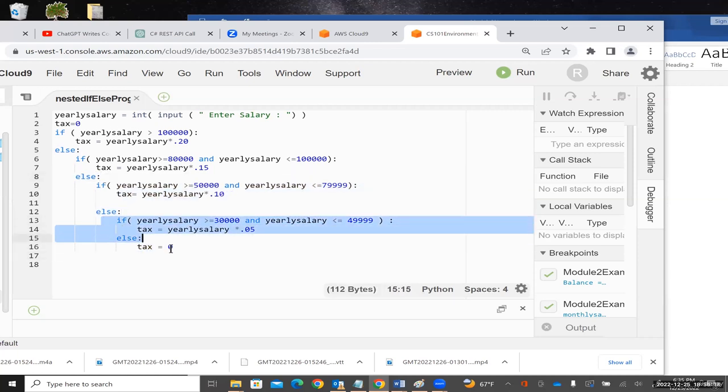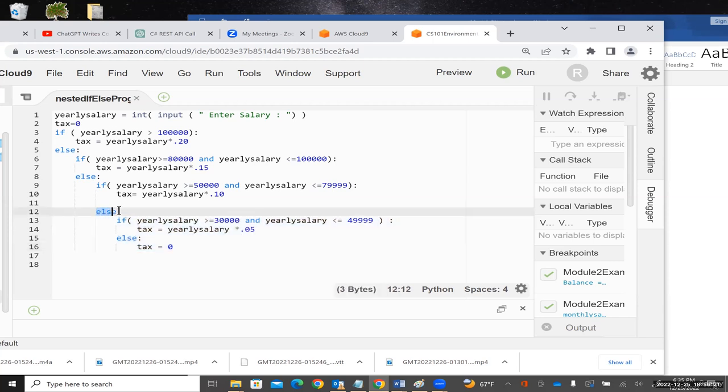Similarly, this instruction over here is the body of this else. Just by looking at this code, the way it's indented tells you which else goes with which if. So that else goes with this if, this else goes with that if, and so on.